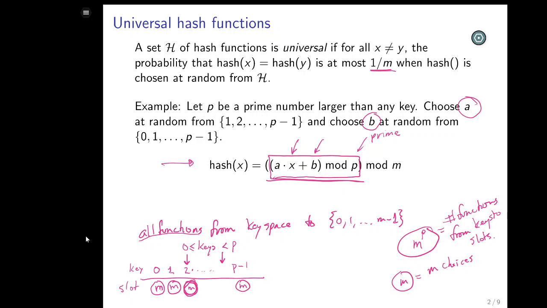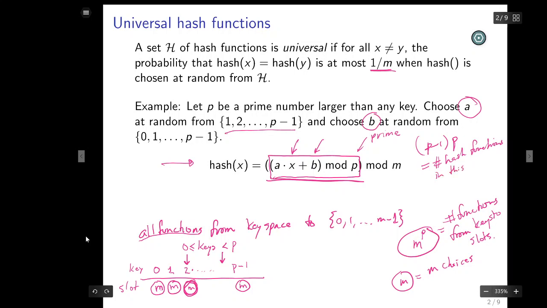Something like p squared. Actually, I have p minus 1 choices for A and p choices for B, so this is equal to the number of hash functions in this universal set.